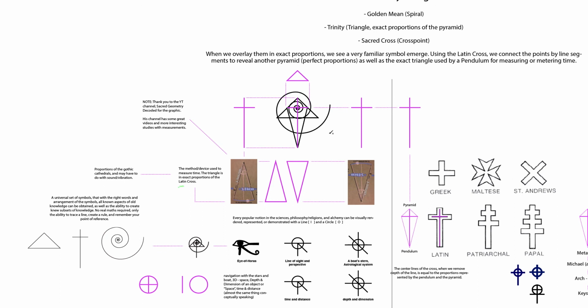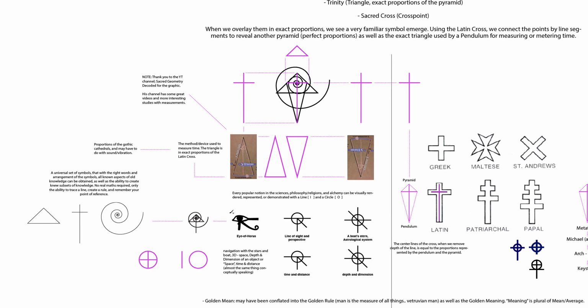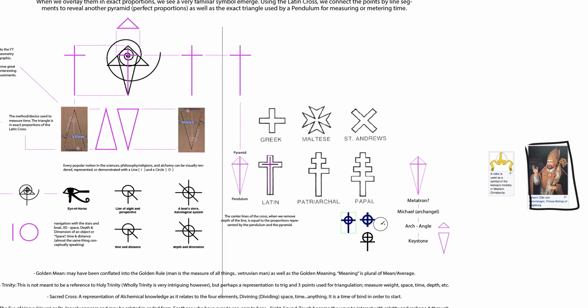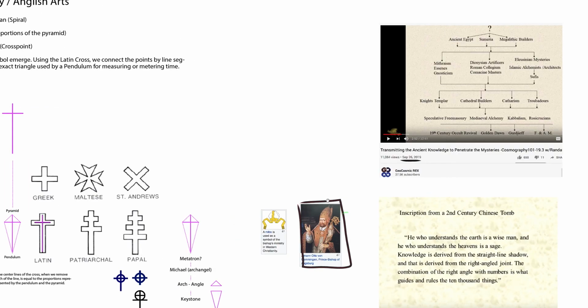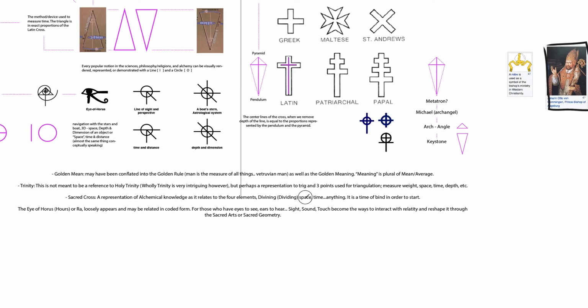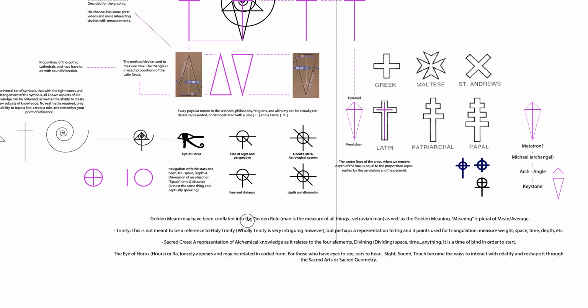And when you lay the golden mean over that, you have a pretty good reference to the Eye of Horus. So I think that's it for now. Let me just double check. Nothing there. That's it. Alright, so this video is done.